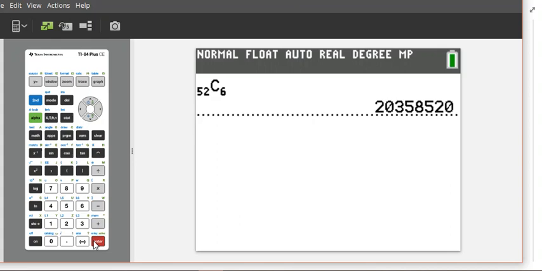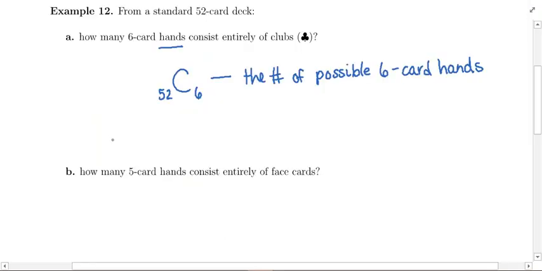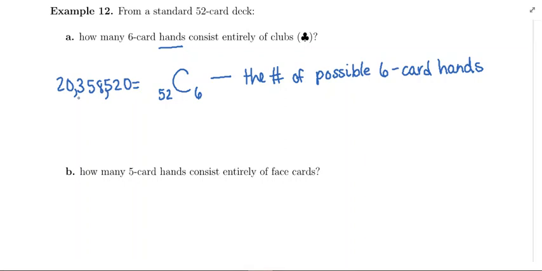So I'm going to write this down. Definitely, this is not the answer to the question we're trying to solve, but I want to talk about this. So let me put some commas in here. There are 20,358,520 possible 6-card hands.